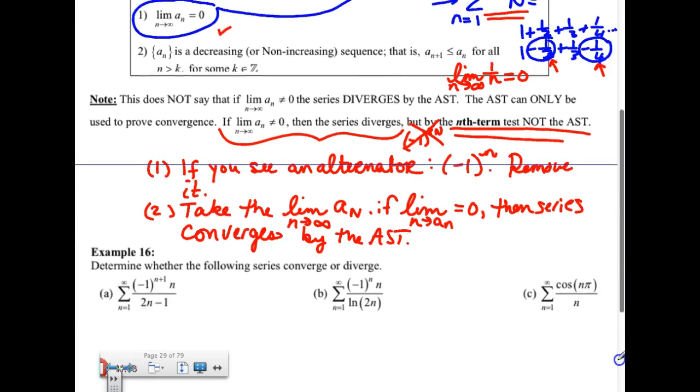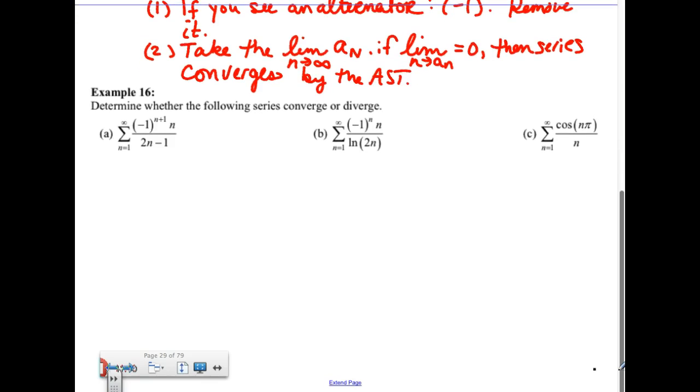So let's take a look at this one right here, letter C. You might say, well, I don't see the alternator. This is what I like to call the sneaky alternator. I heard someone else call it that once, and I liked it. The sneaky alternator, because it's not in your face. But if you consider cosine n pi as n goes from 1 to infinity, when n is 1, it'd be cosine pi.